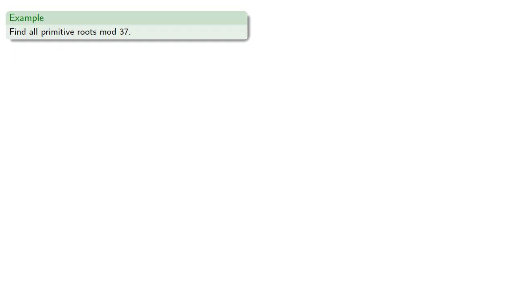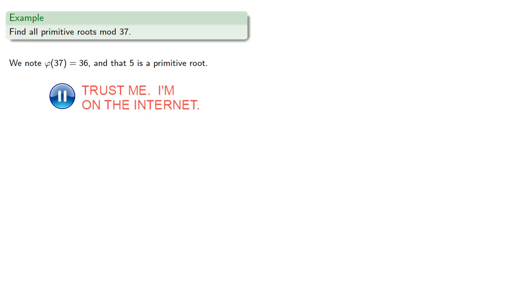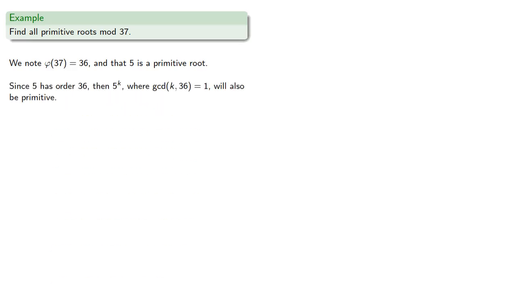For example, let's try to find all primitive roots mod 37. We note that phi of 37 is 36, and we find that 5 is a primitive root. Since 5 has order 36, then 5 to the k, where the greatest common divisor of k and 36 is 1, will also be primitive.